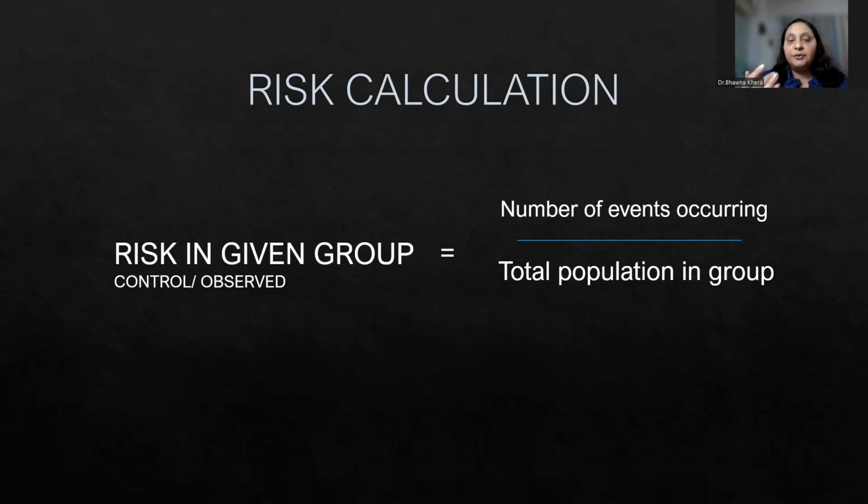Either we take a control group or we take an observation group. That is, it is a control group if it is non-exposed, it is an observation group if it is exposed. Okay. So what is the number of events occurring upon total population in the group?